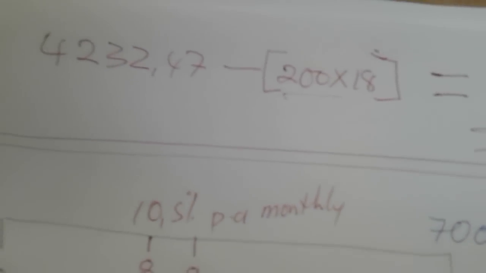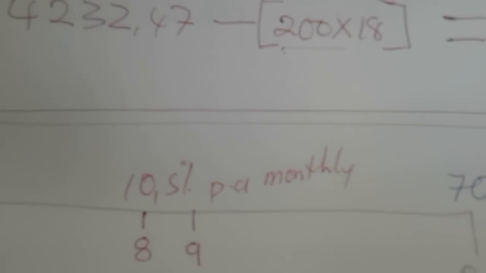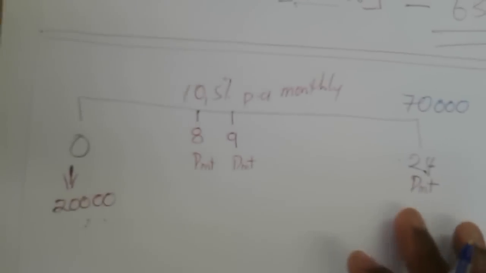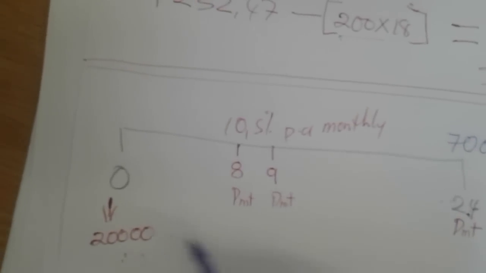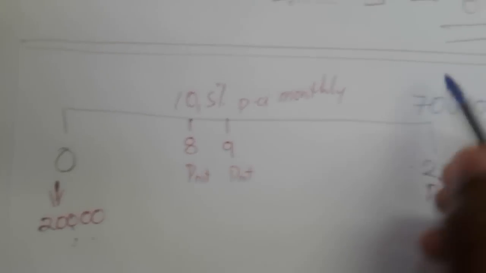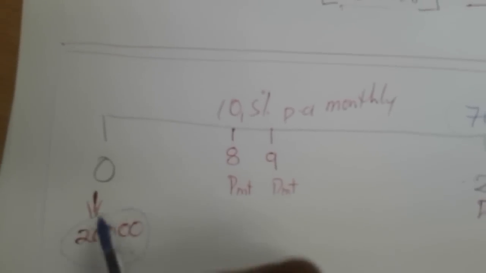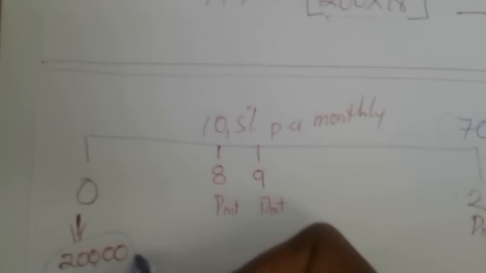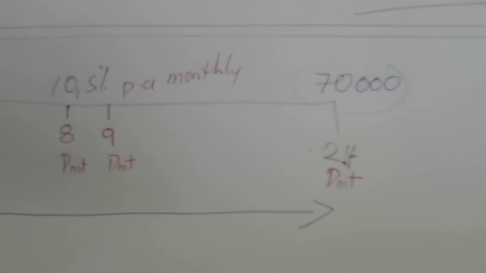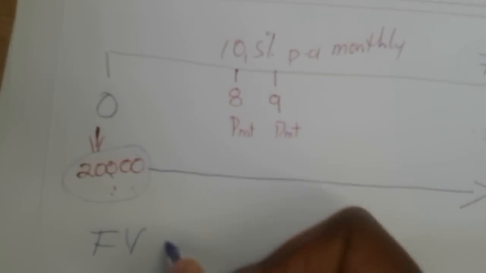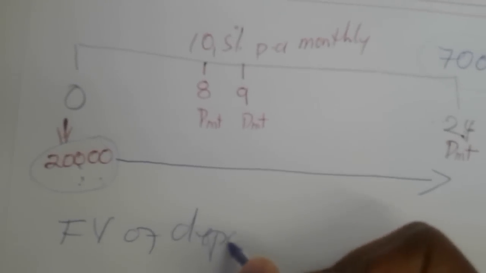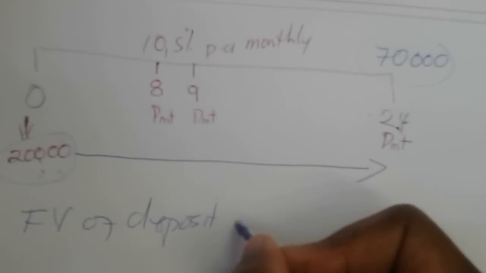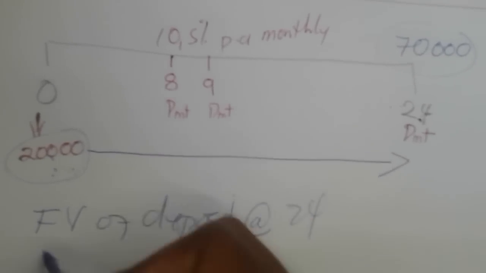You see, if you can draw a timeline, then life is easy, because you just ask yourself, okay, if they deposit 20,000 towards a target of 70, how far will this take them as far as this is concerned? So the first question is, how much is it worth at the end of month 24? So we say future value of deposit at the end of month 24.